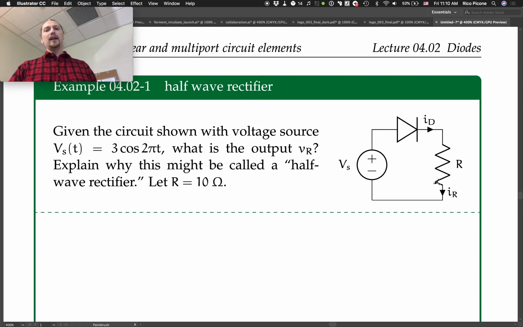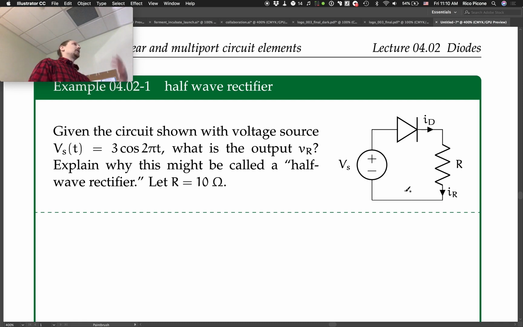And we have a diode here. Just guessing at this point, what do you think? Do you think that diode is going to be in forward bias or reverse bias? Forward bias, probably. We're going to drop voltage across it in the direction that it wants to flow current, so it's probably going to flow current.